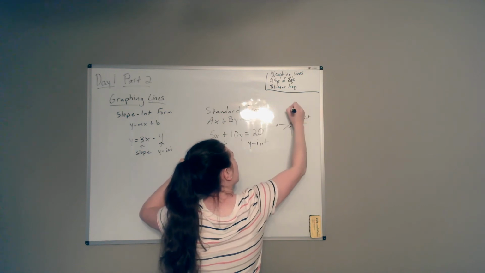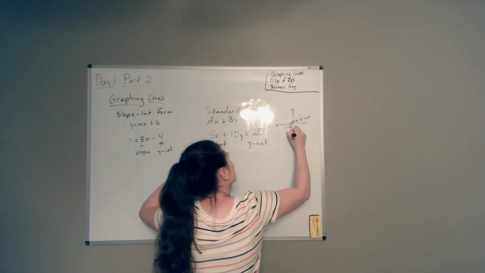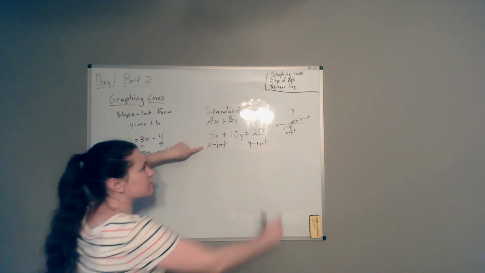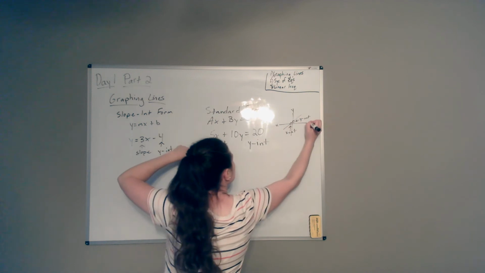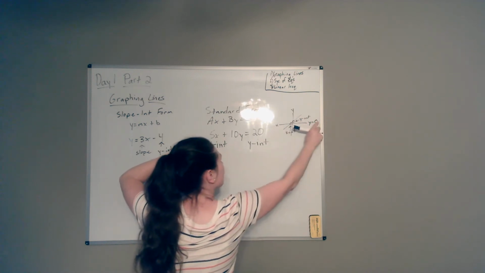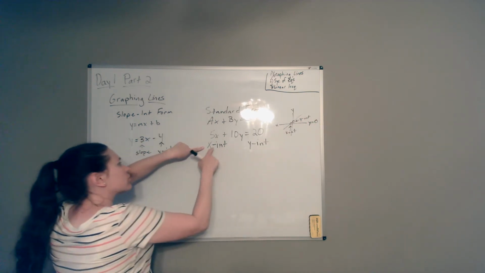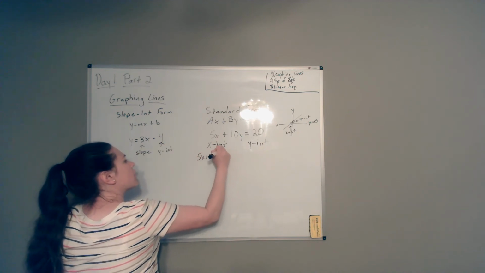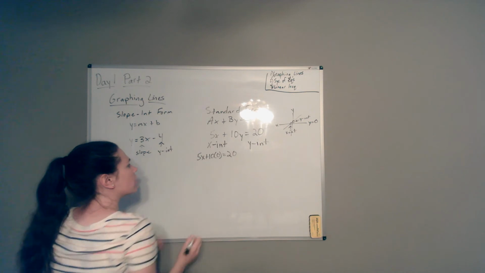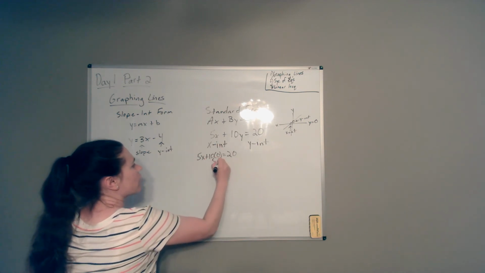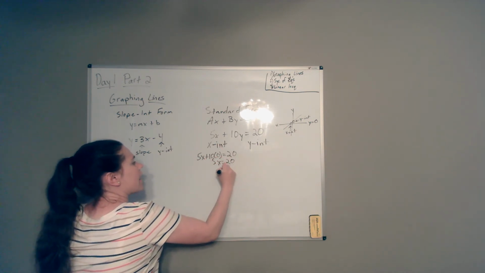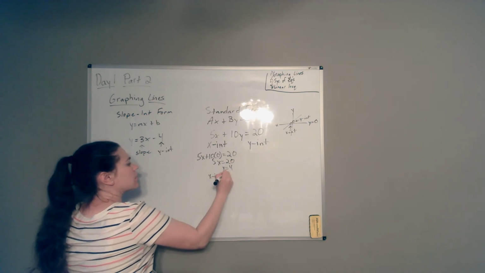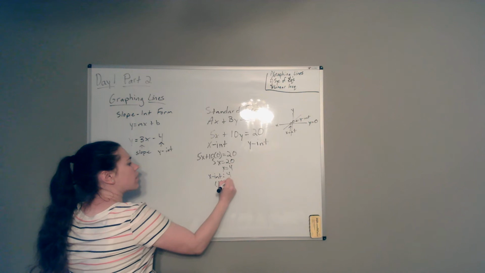That's where you cross the y-axis. So if you're crossing the x-axis, you want the value of x when y is 0. This horizontal line right here is y equals 0. So if you want your x-intercept, you want to know what is x when the y-coordinate is 0. So this goes away. This is just 5x equals 20, x equals 4. So you know the x-intercept is 4, which is the point 4, 0.